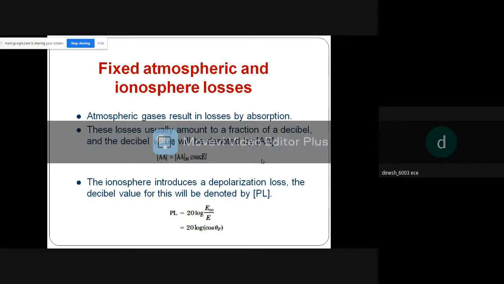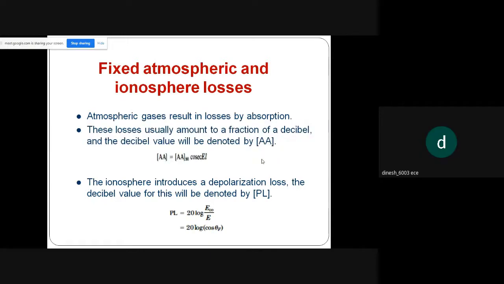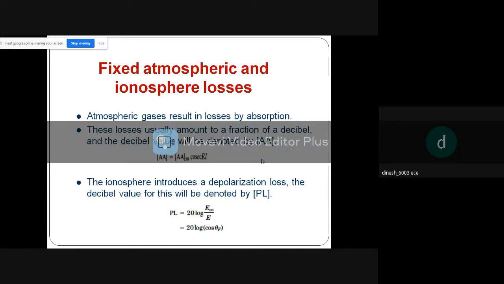They diffract, they scatter, they absorb, as well as they transmit also. This is denoted by AA, atmospheric absorption. These losses usually amount to a fraction of a decibel, and they are denoted by the notation AA, AA and 90-degree cosecant EL.